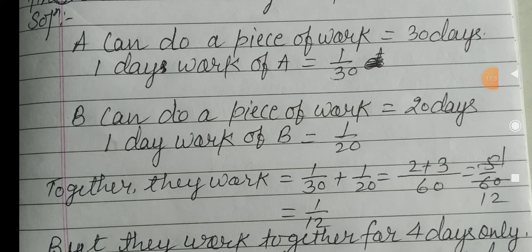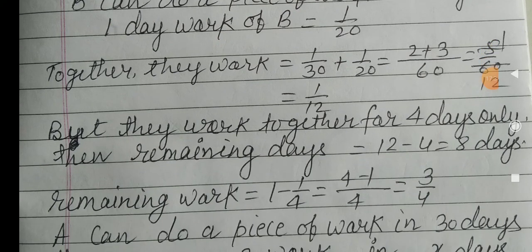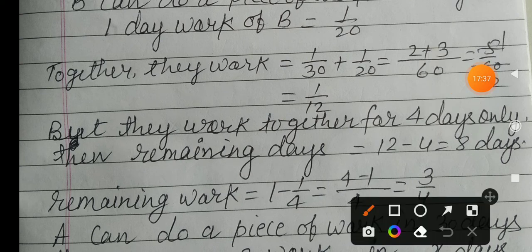Then it will take, working together, to complete this work, so they can work for one day. So that completes 1 upon 30 plus 1 upon 20, that means 1 upon 12 part of that work is completed when they work together in one day.